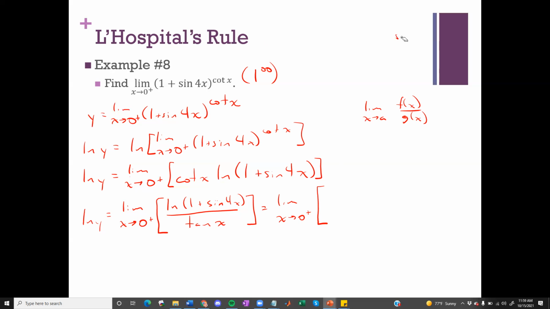Let's set up chain rule. There's quite a lot going on here. So the natural log of 1 plus sine of 4x. Oh, it's not sine to the fourth. I'm sorry. That makes sense now.